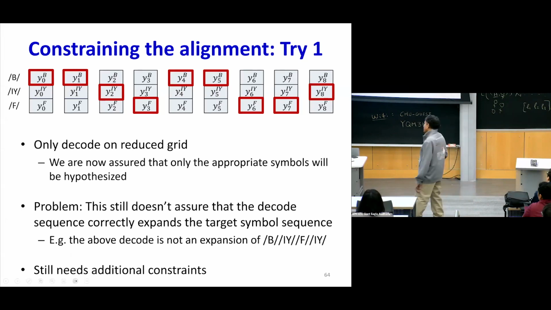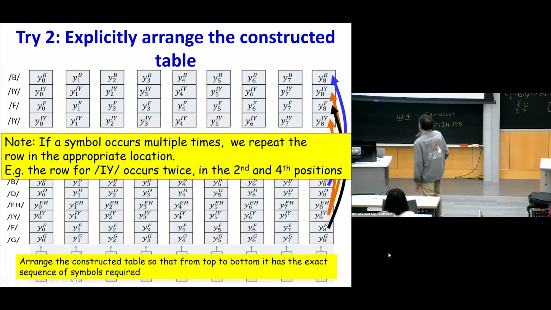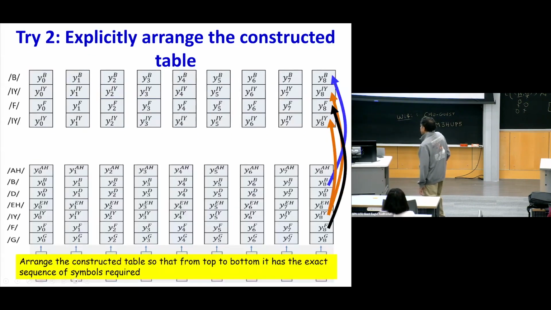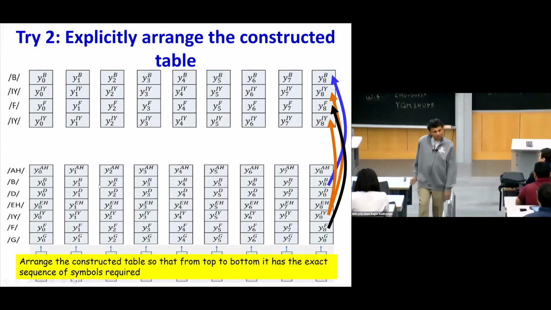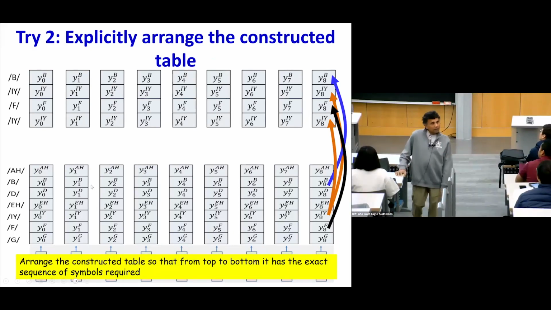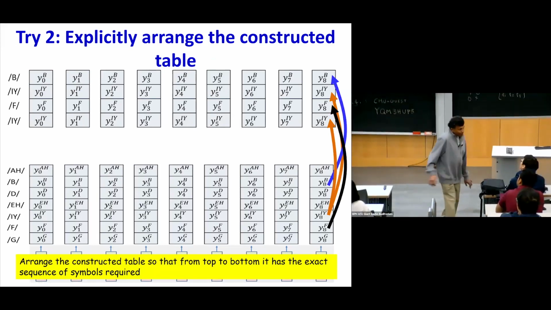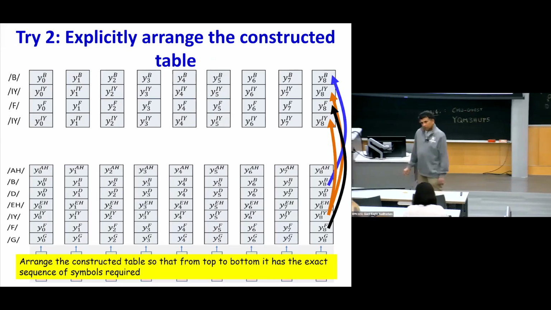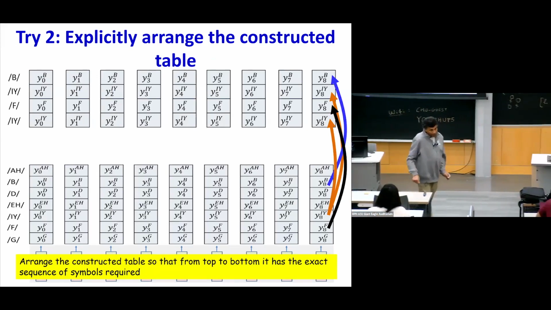So here's what I will do. I'm going to pull out all the symbols from the table in the same order in which they occur in my sequence. So if my symbol sequence is beefy, then I'm going to pull out the b row and place it as the first entry in my updated table. Then I'm going to pull out the e and make it the second entry.